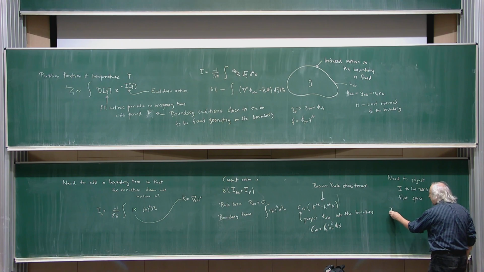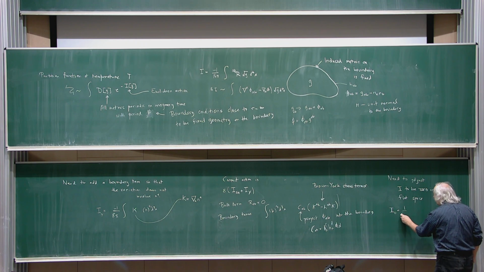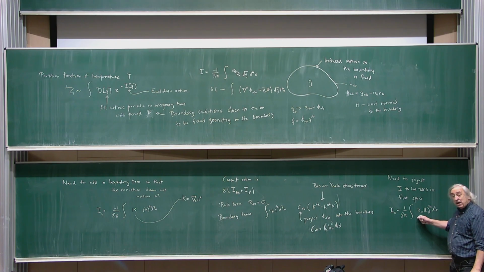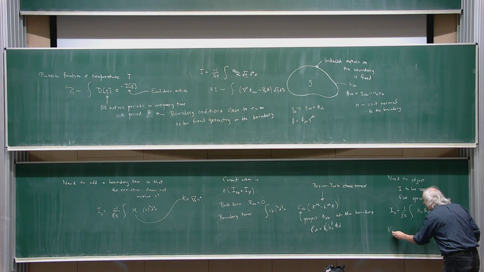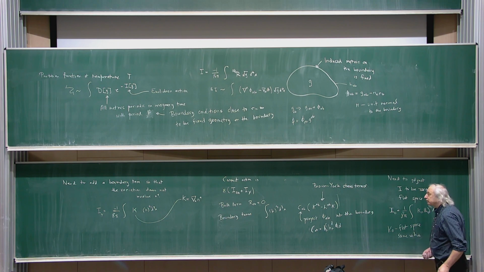To do that, you have to add a real Gibbons-Hawking term, I0, which is equal to plus 1 over 8 pi times the integral of K0 h^(1/2) d3x, where this thing is evaluated in flat space with the same metric on the boundary. Let's call that just phi H_AB.